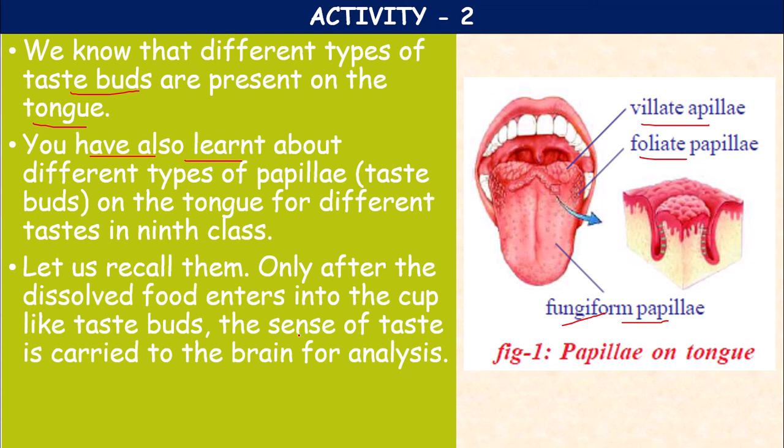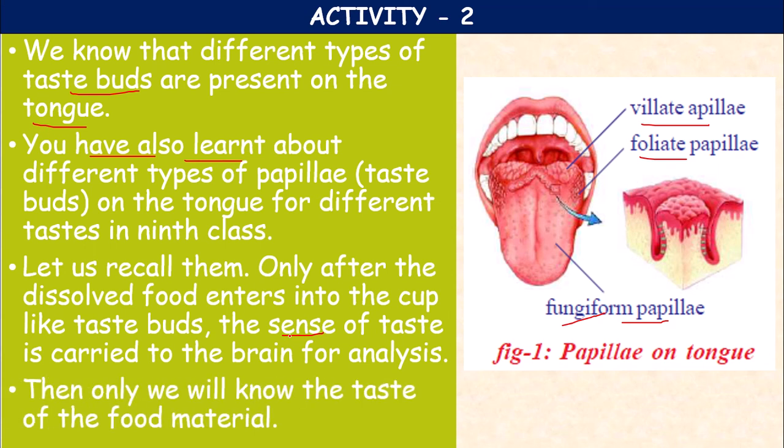So let us recall them. So only after the dissolved food enters into the cup-like taste buds, the sense of taste is carried to the brain for analysis. Then only we will know the taste of the food material, isn't it?